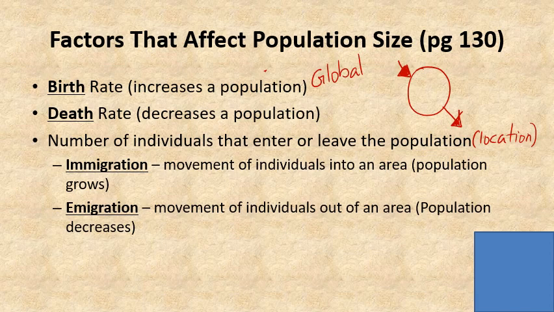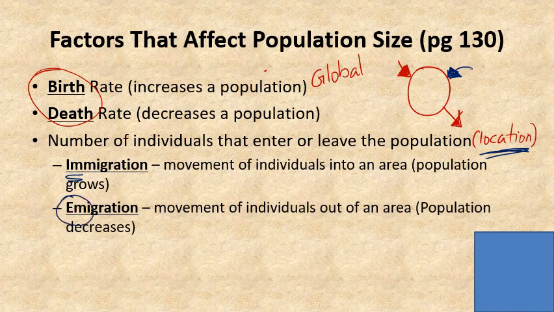So global populations only deal with birth rate and death rate. When we're dealing with a location, a defined boundary, and we can look at Lafayette, Indiana, we have individuals that will immigrate, that will enter into a population and then add to that population there. So they've left one location and entered another.